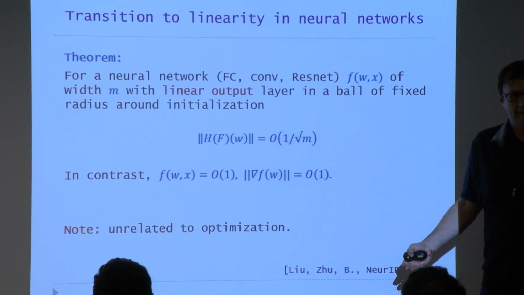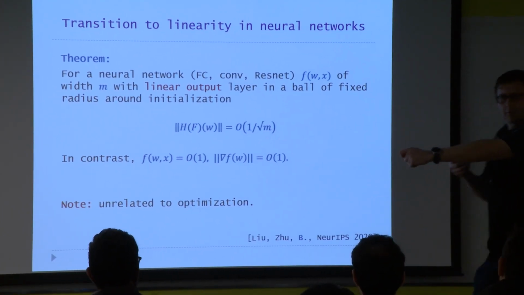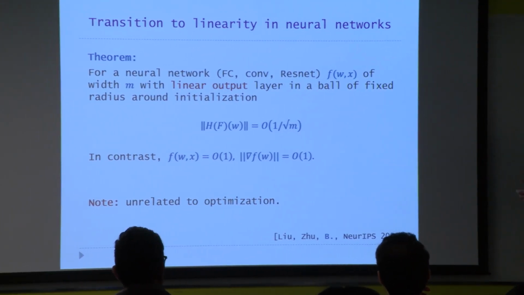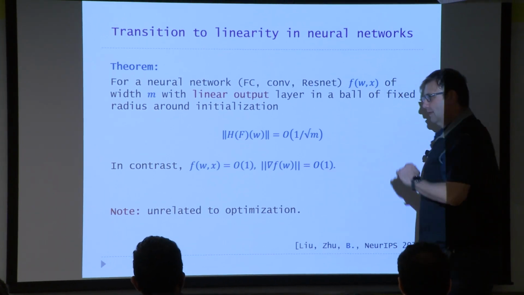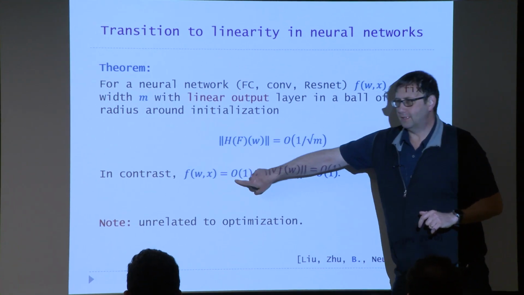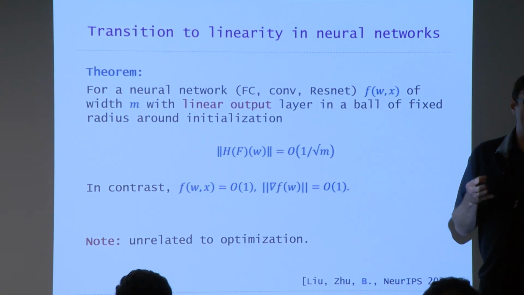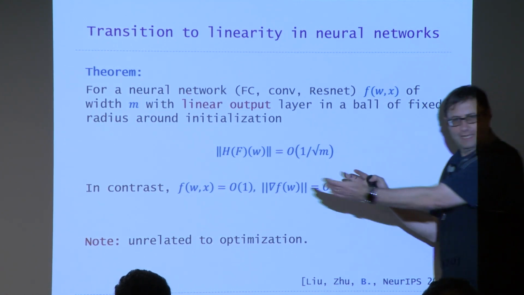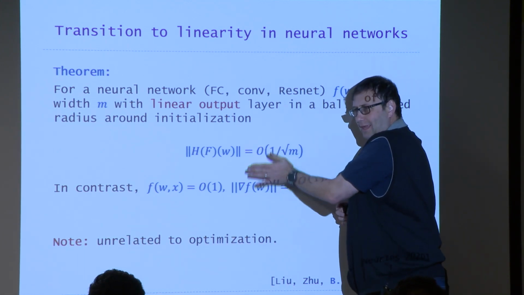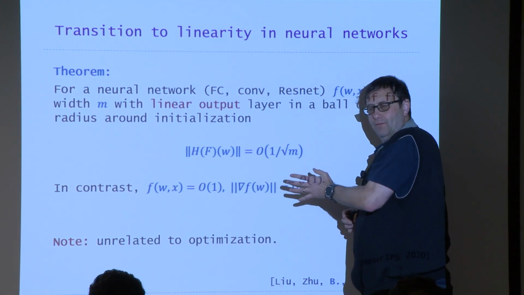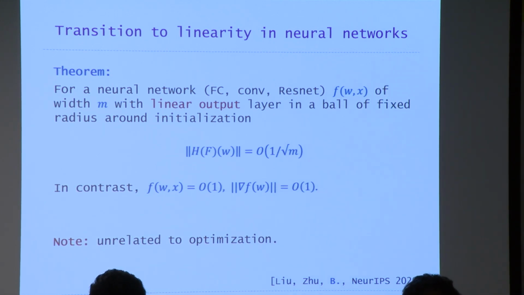And what it means, of course, is that as m goes to infinity, as you take wider and wider networks, the Hessian becomes smaller, but the value at 0 and the gradient of the function stay the same. Because, I didn't exactly say how to scale it, but it's scaled in such a way that this is O of 1. And this gives you the form of the neural network, and then this is 1 over square root of m.